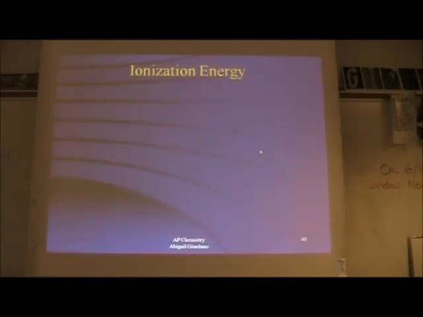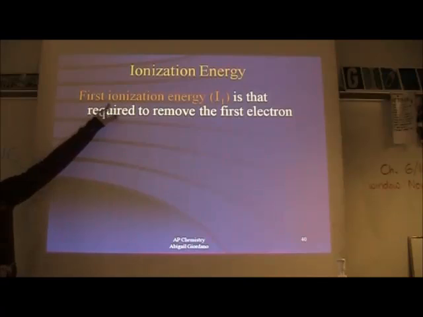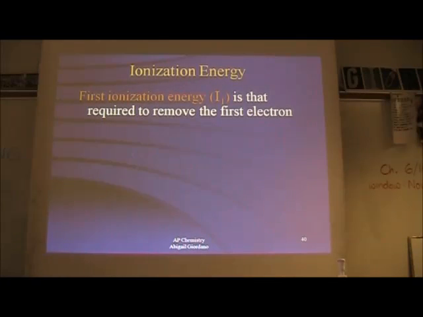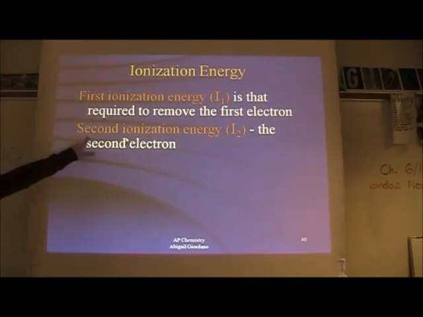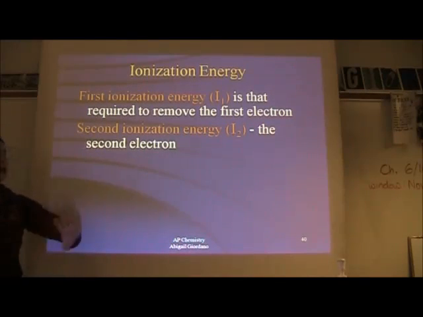Now, let's go back and let me explain why that word is there. This means the energy required to remove one electron. There is such a thing as a second ionization energy, and let me be clear about this.